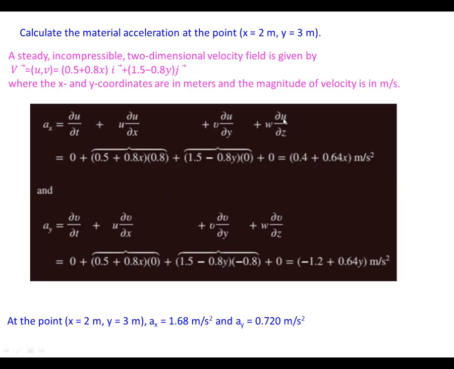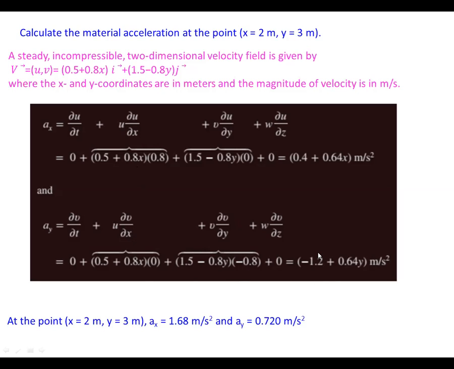As usual w is 0, so the remaining thing is a_x. Similarly for a_y: u ∂v/∂x is 0, then v ∂v/∂y, where ∂v/∂y is minus 0.8, so v times minus 0.8.